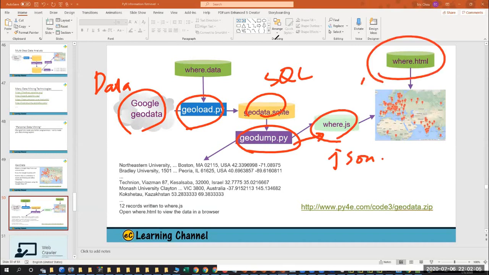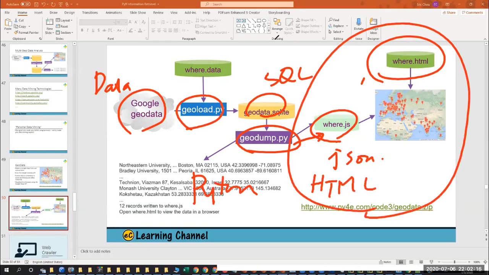This whole thing I'm showing here is how your Python can cooperate with your HTML. HTML is your graphical user interface, and Python is the core computation. That will make a good application.